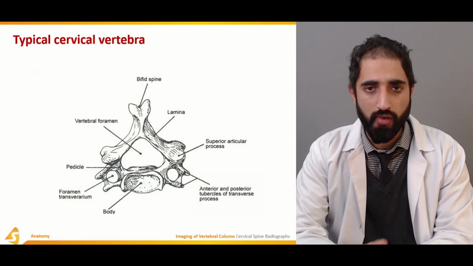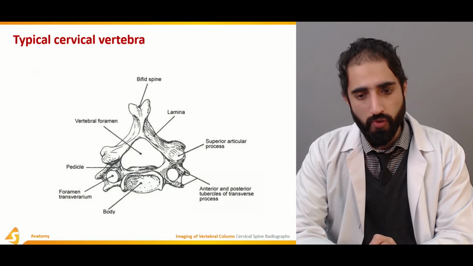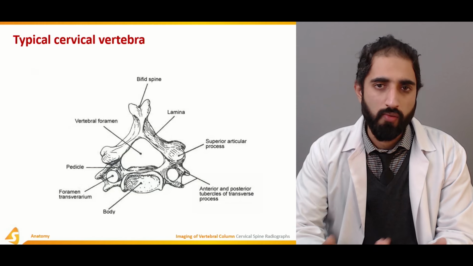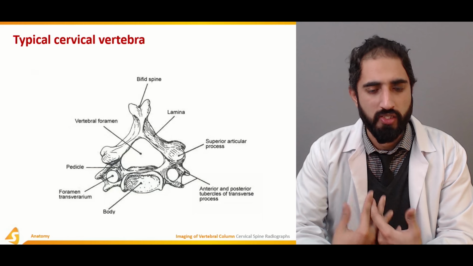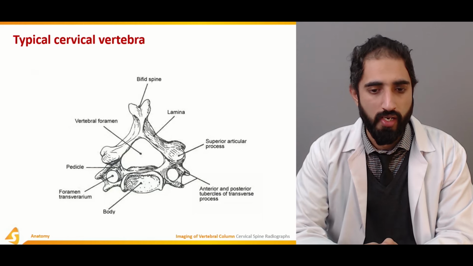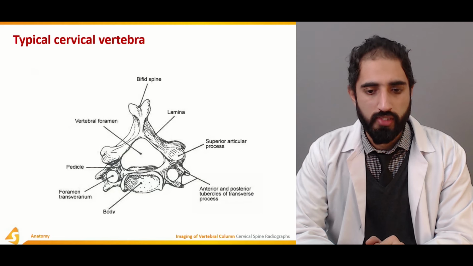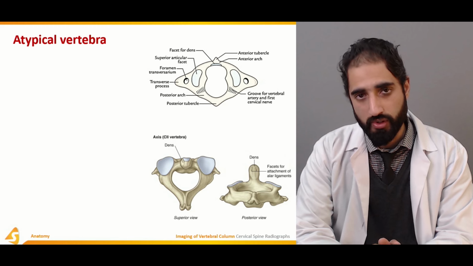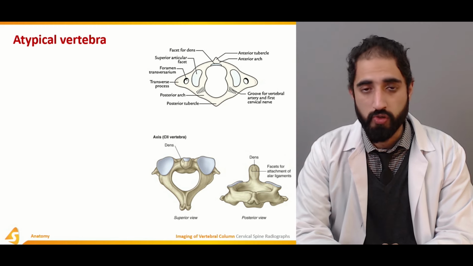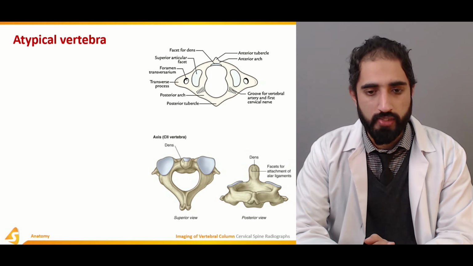However, it is smaller compared to thoracic and lumbar. It has the articular processes. It has smaller transverse processes, and then once again two superior facets and two inferior facets, making the facet joints, the intervertebral joints, and all of those regular features of all other segments. Otherwise, it's pretty much the same, but those few structures such as the bifid spine and foramen transversarium make it easily distinguishable from other segments.